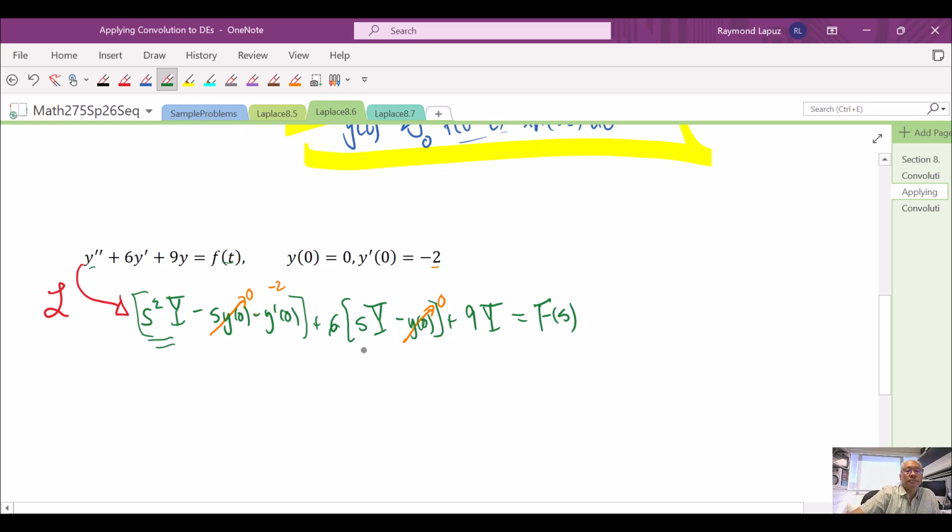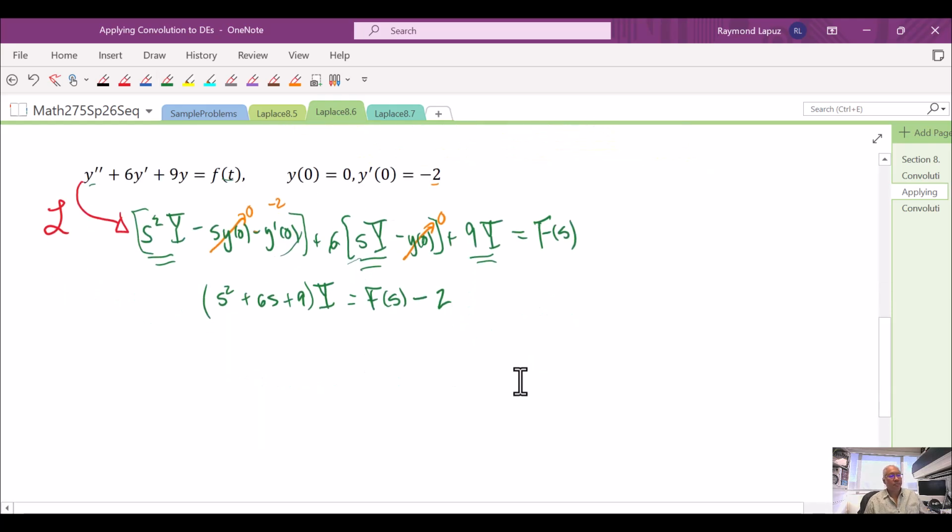Meanwhile, I have (s squared plus 6s plus 9) times Y. And then let's see, this is F of s, and let's go ahead and bring this +2 to the other side, which becomes a -2. All right. So this is your formula.